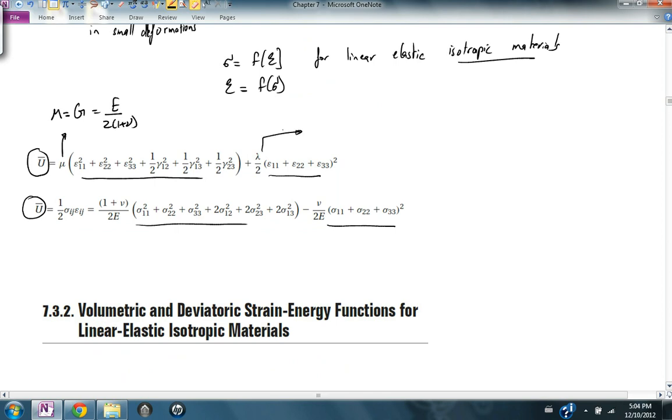And for this, lambda is equal to, this is Lame's constant, and you can check it in the previous chapter, and it's equal to E multiplied by Poisson's ratio divided by 1 plus Poisson's ratio times 1 minus 2 Poisson's ratio.